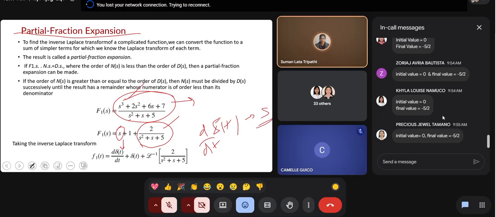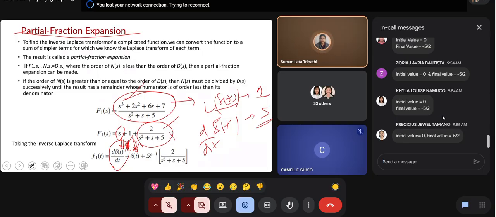So s F(s) is s only. So for s, the inverse Laplace transform is the derivative of delta t. And for 1, you already know that the Laplace transform of delta t is 1. So for 1, the inverse is nothing but delta t. We are doing the inverse, no? So for 1 it is delta t.